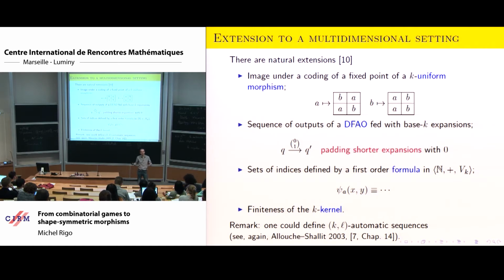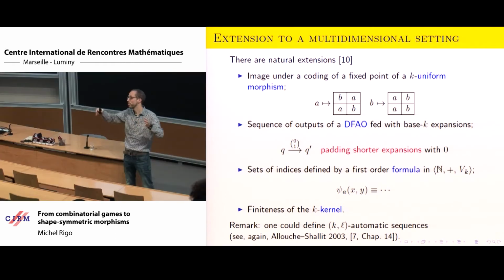And so now what I could do is say, okay, each letter will be mapped onto a square of size k. And to be able to iterate the process, for instance, if I iterate starting from the letter A, then what I should do is say, let's say in the lower left corner, I have the same letter that will occur again. And so instead of having longer and longer prefixes, I will have longer and longer squares that will converge to some infinite word.